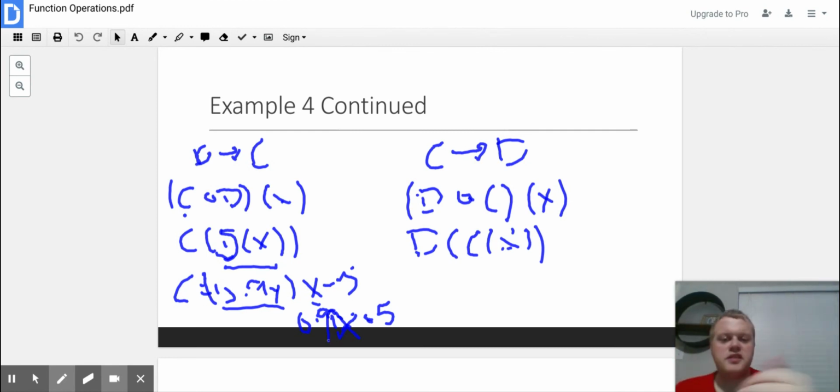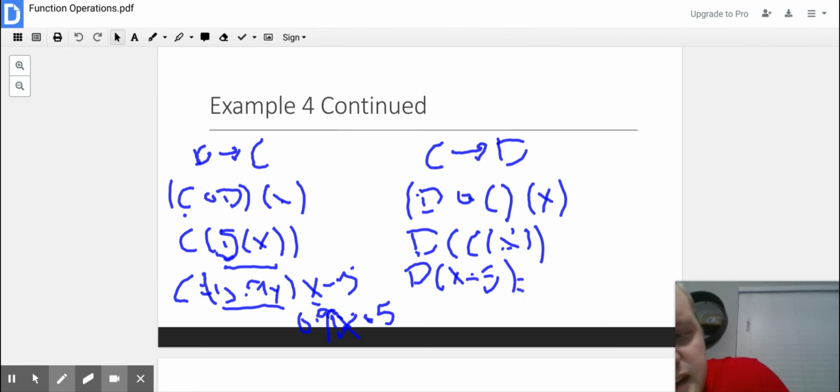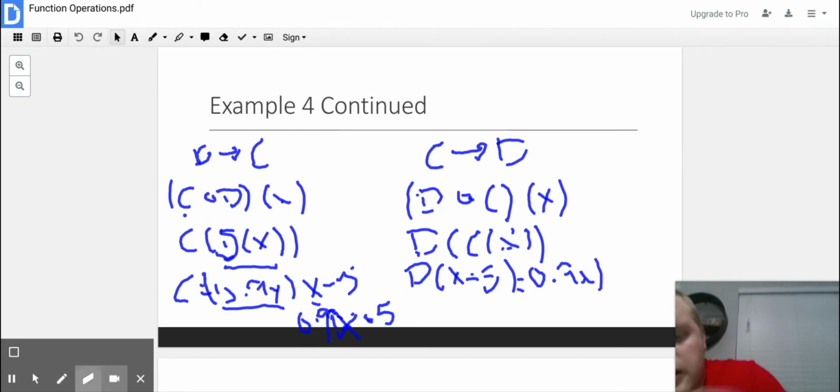Okay. If I work this other problem out, I would plug that in for c of x. We know that c of x is x minus 5. So we're looking for d of x minus 5. And that d equation is 0.9x. So all we're doing on this one is just plugging in x minus 5 there.